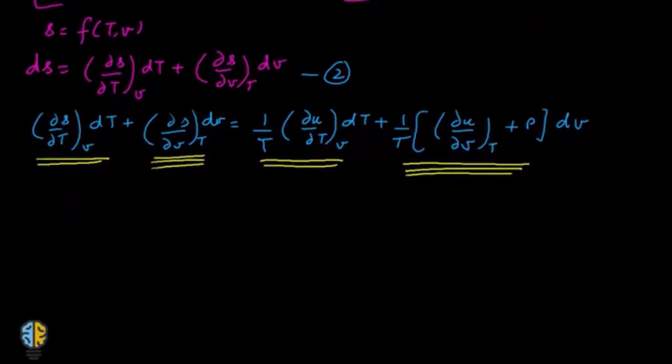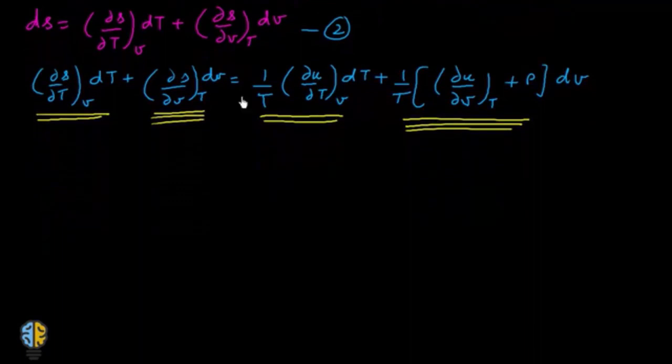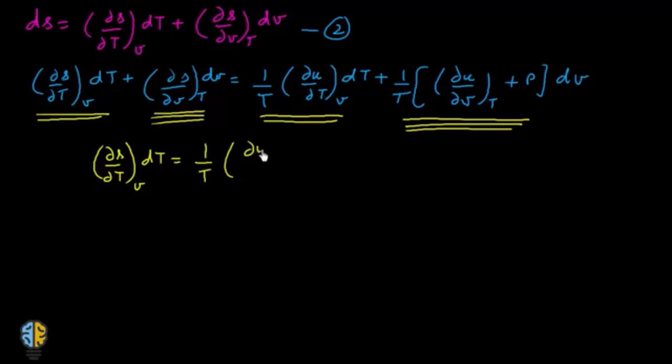When you compare these two equations, you can write that (∂S/∂T) at constant volume times dT is equal to 1/T times (∂U/∂T) at constant volume times dT. So we are comparing the constant volume terms and the constant temperature terms.